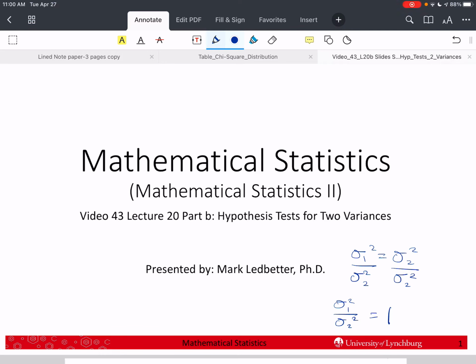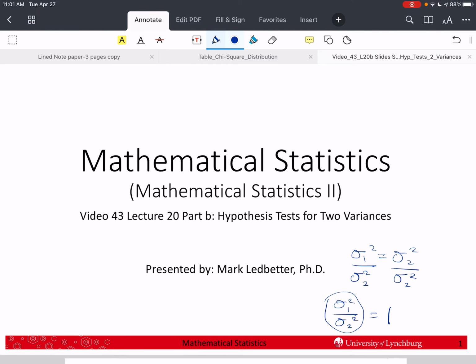So if the variances are equal, then this ratio is equal to 1. This is a lot simpler than trying to add two chi-squared distributions, which gives us a more complicated gamma distribution.